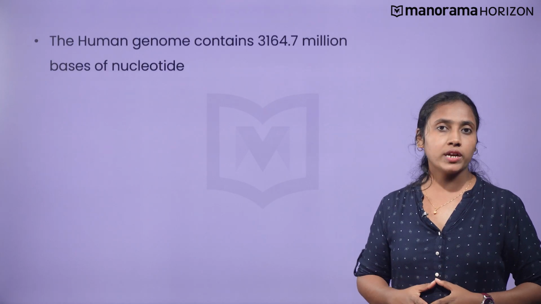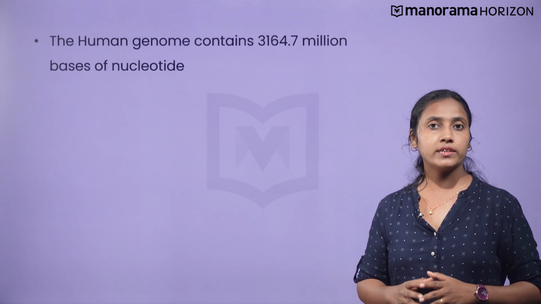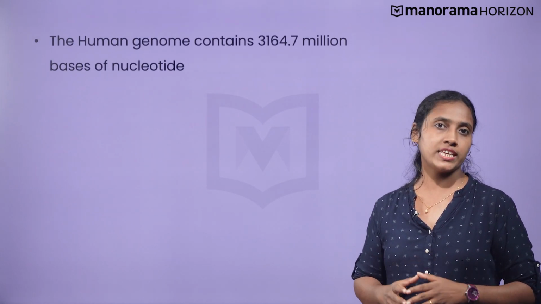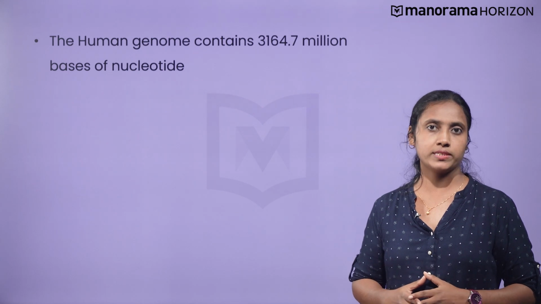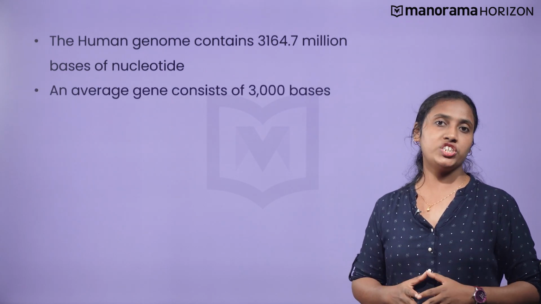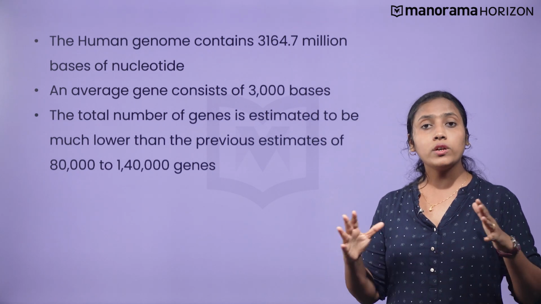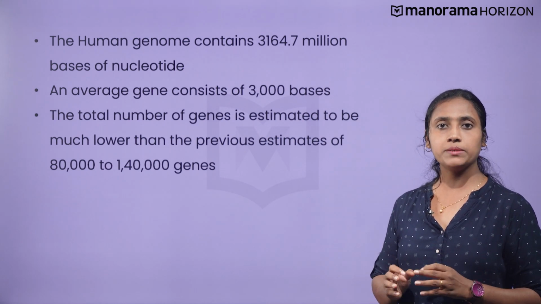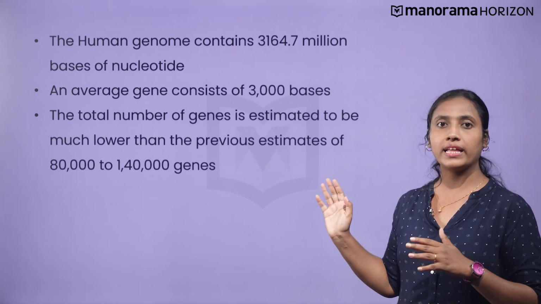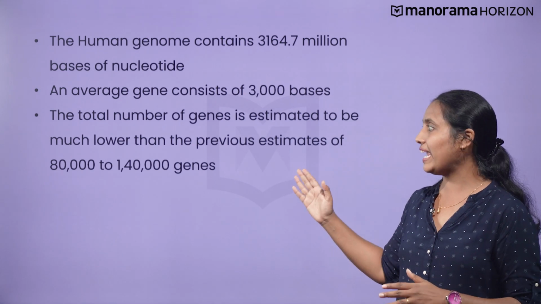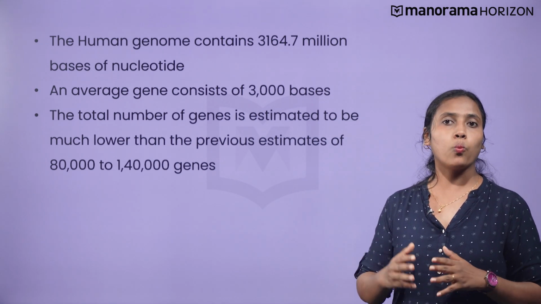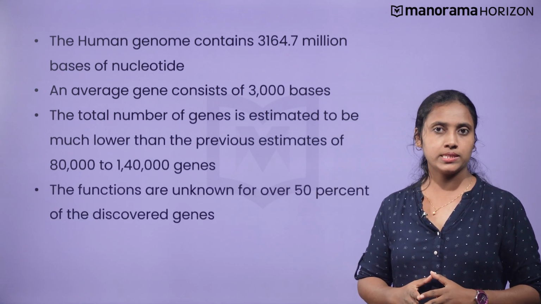The human genome contains 3,164.7 million bases of nucleotides. An average gene consists of 3,000 bases. The total number of genes is estimated to be much lower than the previous estimate of 80,000 to 140,000 genes.